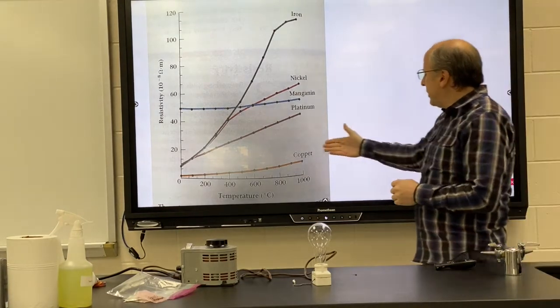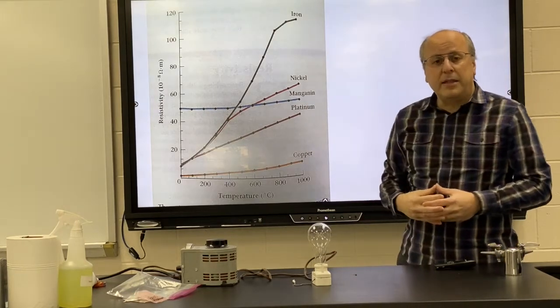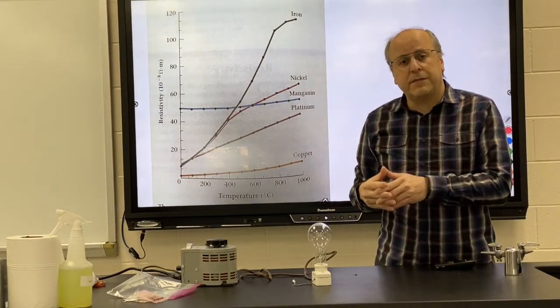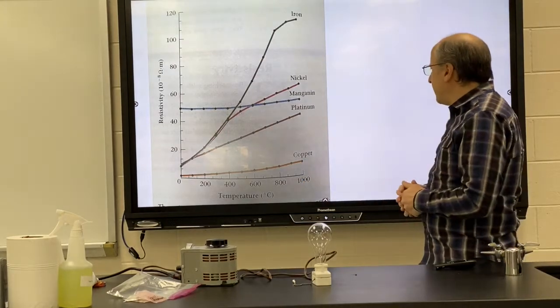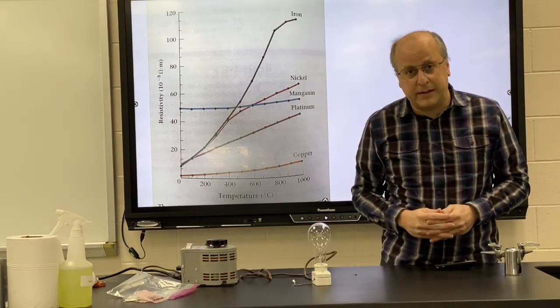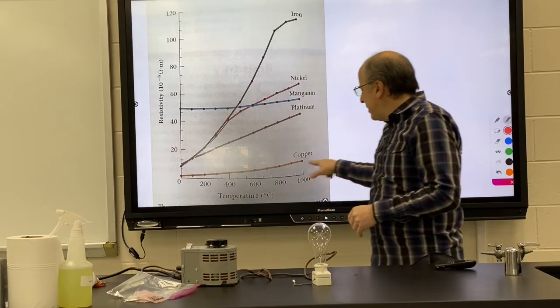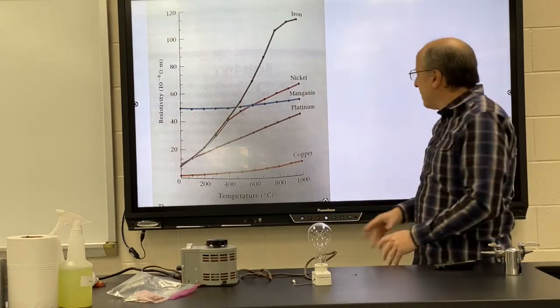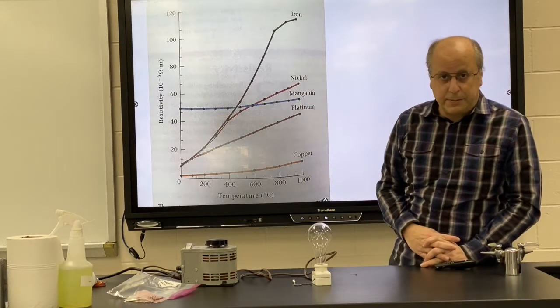So they would test different materials like copper and platinum and nickel and iron, and they would test their resistance at different temperatures and plot it out. It turns out that for many of them, like iron, the relationship is quite complicated. For copper, you could see it's kind of a straight line, and for platinum, it's very much a linear relationship.